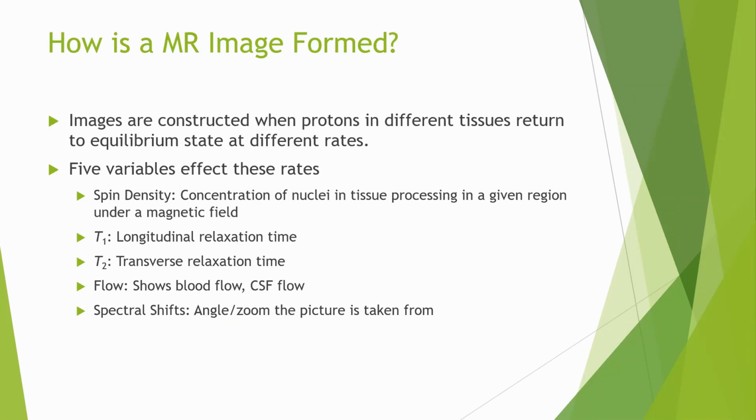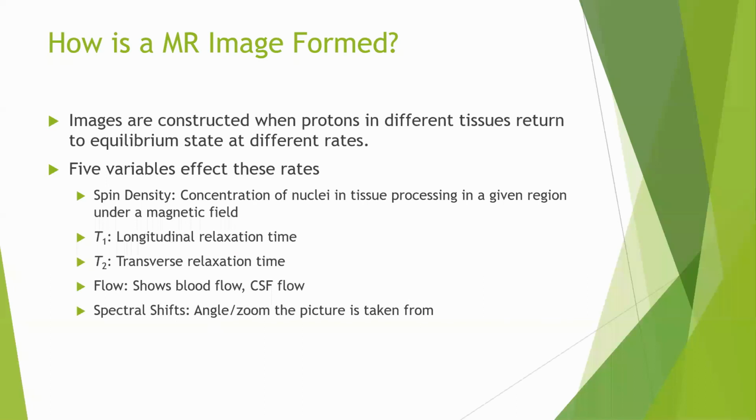T1, T2 weighted is the basic MR scan. Underneath, there are 5 or 6 variations: there is proton density type, there are diffusion weighted images also. So there are different types of weighted images. Again, for the purposes of today's basic webinar of MRI, T1 and T2 is what we are going to study and understand.